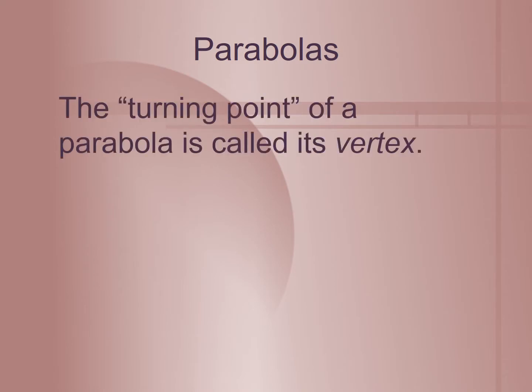Alright, so the shapes that our graphs are making, we call them parabolas. So a parabola is the shape that a quadratic function makes. And that turning point of that parabola is called the vertex of the function.